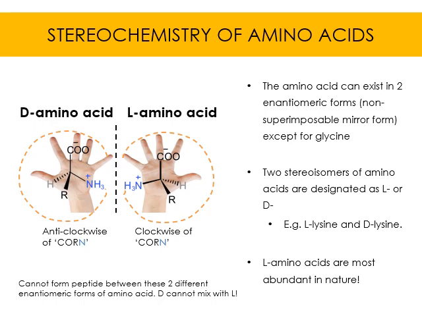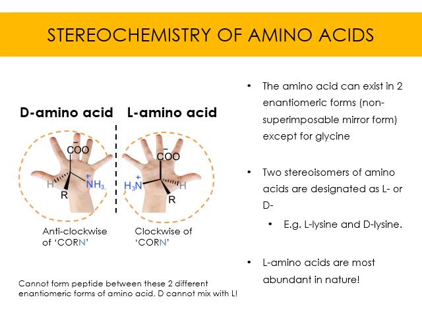In textbooks, when we write the chemical structures of amino acids, they look very flat because they are written as Lewis structures, but the arrangement of atoms in amino acids in nature is actually three-dimensional. There are two stereoisomers of amino acids, designated as either L or D, for example L-lysine or D-lysine.